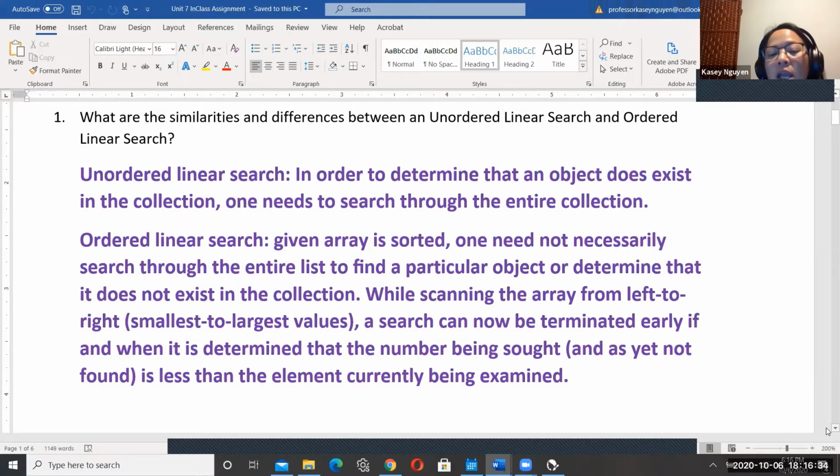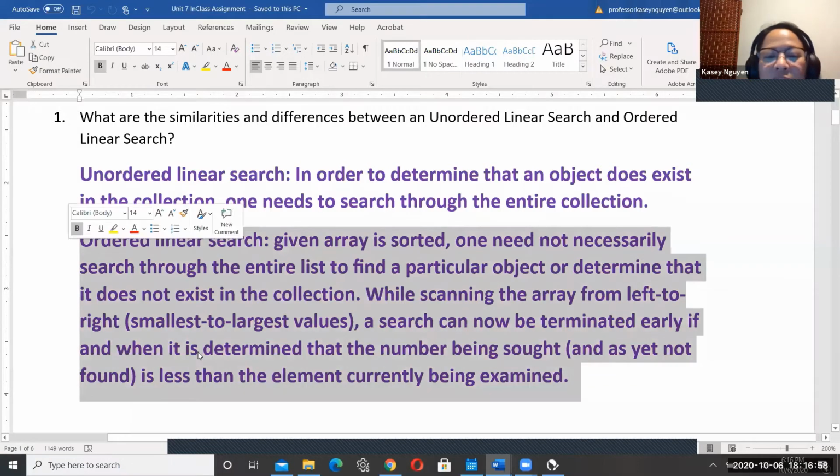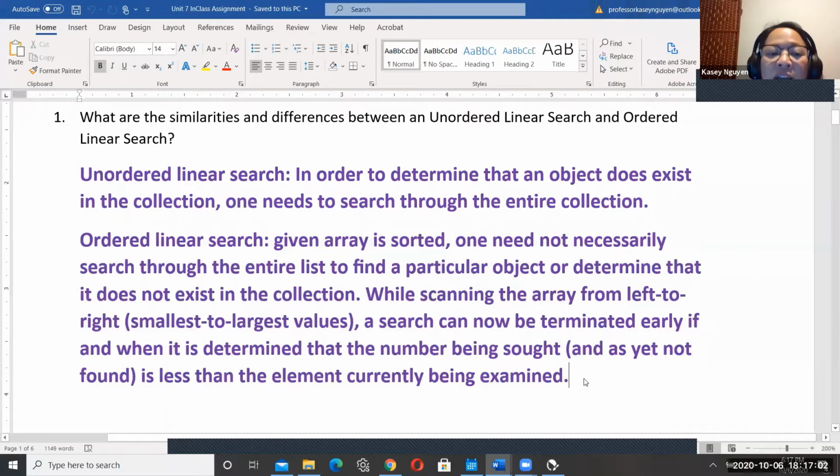If you have it pre-sorted, a quicker way, like I said, is to set it up where it would be compared, and if it's still smaller, then it's going to move to the right of that, and it's going to keep going until it finds that matching key. So we would have efficiency with the ordered linear search compared to an unordered linear search.